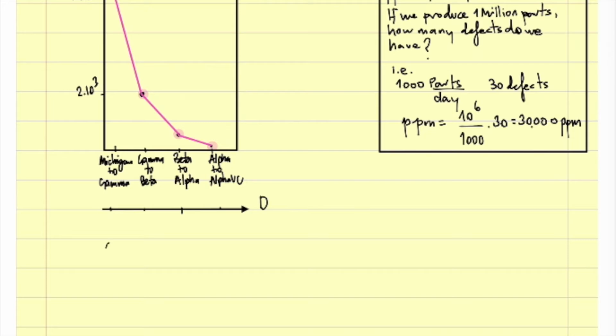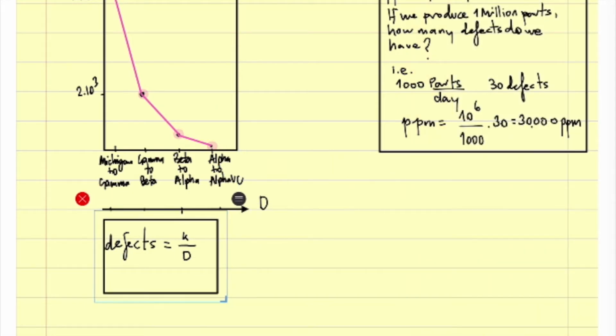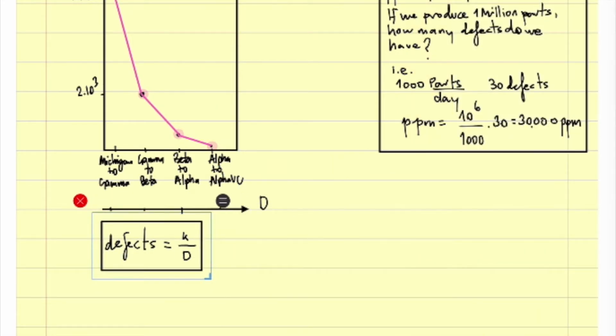So you can say that the defects usually are some sort of constant, a factor k, divided by D. This is the way it usually works.